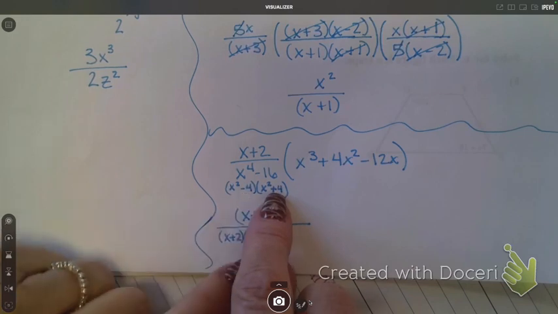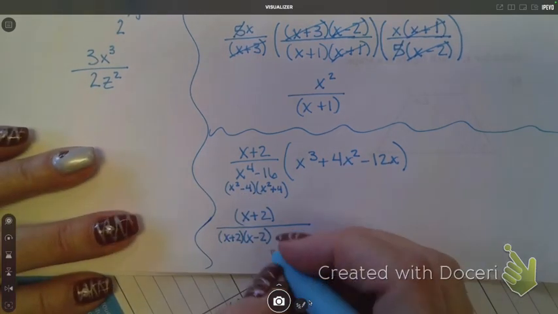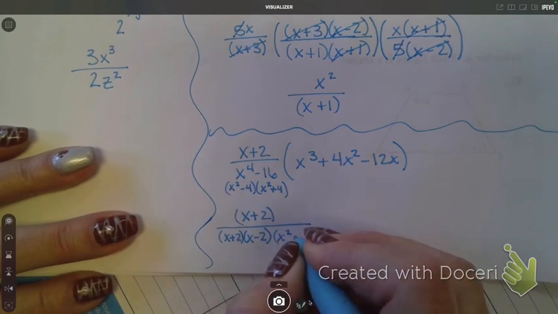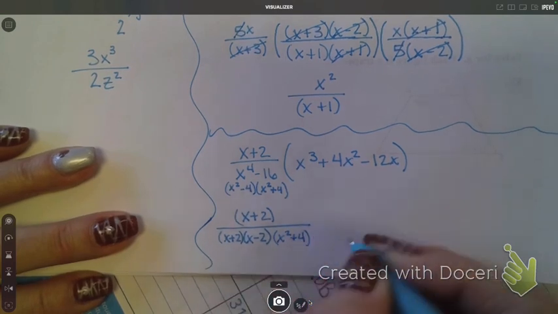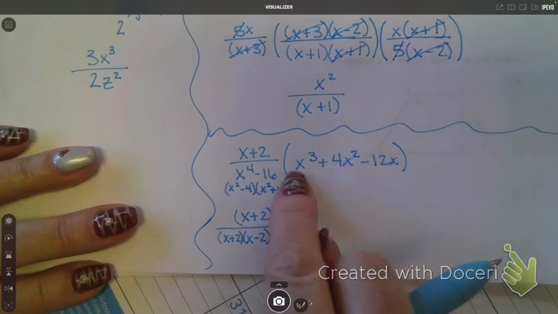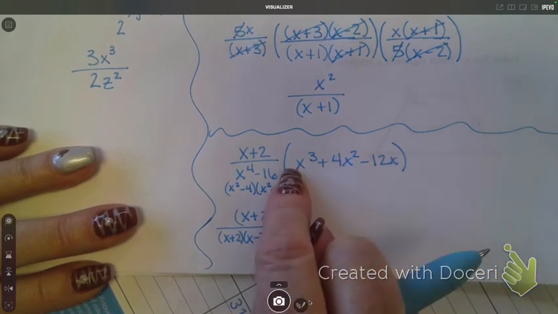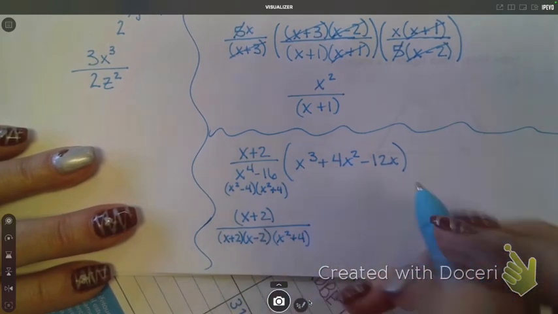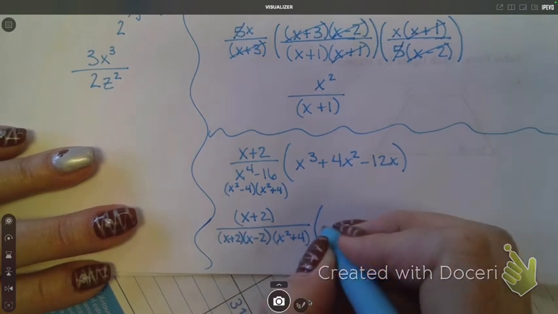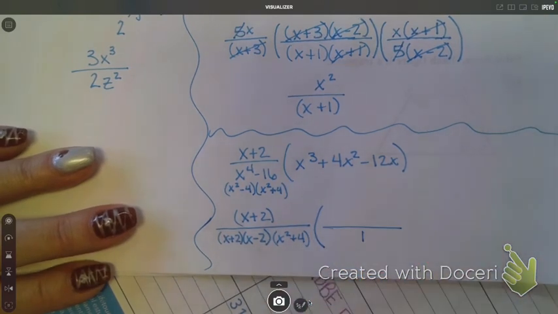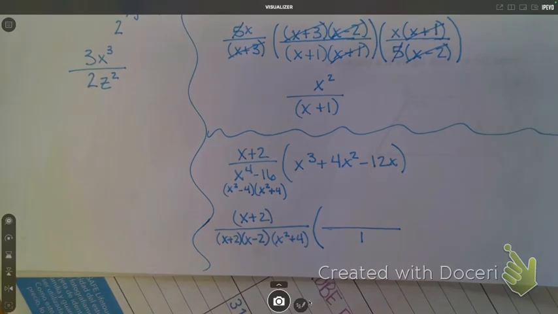So we're going to leave it exactly how it is. Now this is a rational expression, isn't it? It's all over 1. If you need to, you can put it over 1. I personally don't, but you can.